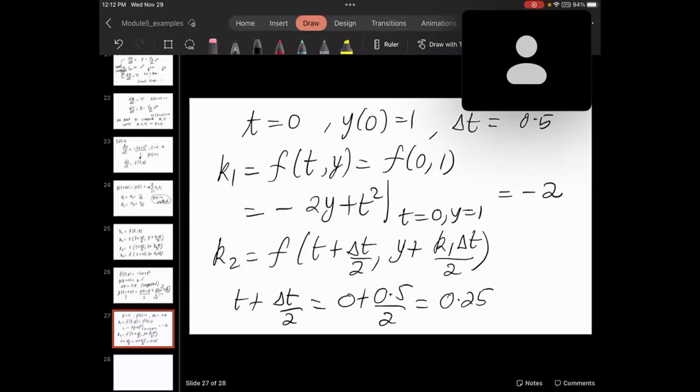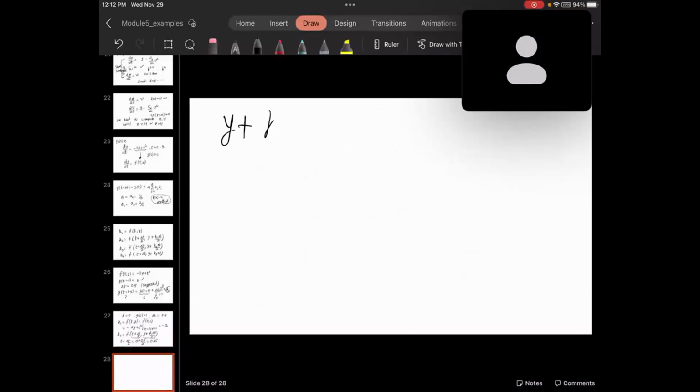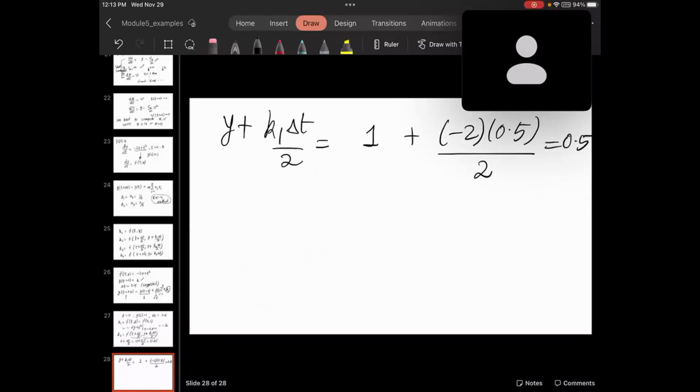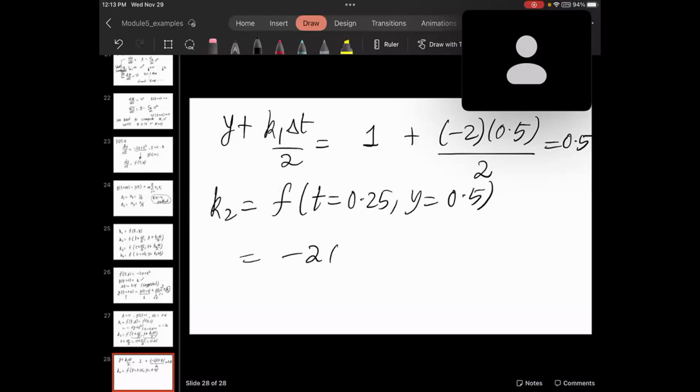And so we have evaluated this. Now we need to evaluate this value, which is y plus k1 delta t divided by 2. The y value being 1, and k1 is minus 2, which we just calculated, multiplied by 0.5 divided by 2. So this is 1 minus 0.5, or this is 0.5. So k2 is the function evaluated at t equal to 0.25 and y equal to 0.5. So which is minus 2 times 0.5 plus t squared, which is 0.25 squared.